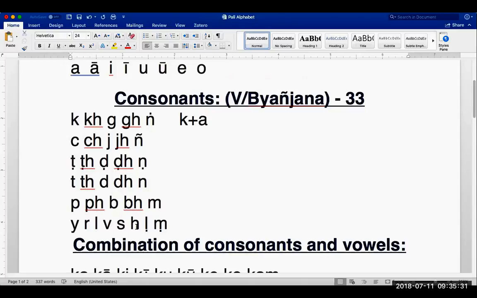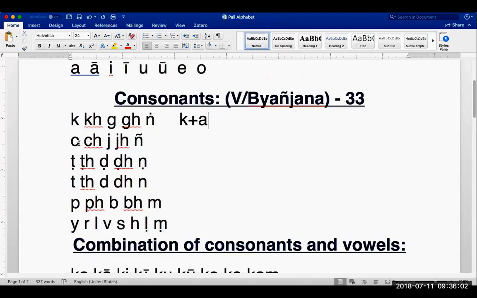All these letters are what we call gutturals. That is the place of articulation for these letters. So they are called gutturals. Ka, k, ga, g, ng. You feel the vibration when you touch your throat, somewhere in the throat.